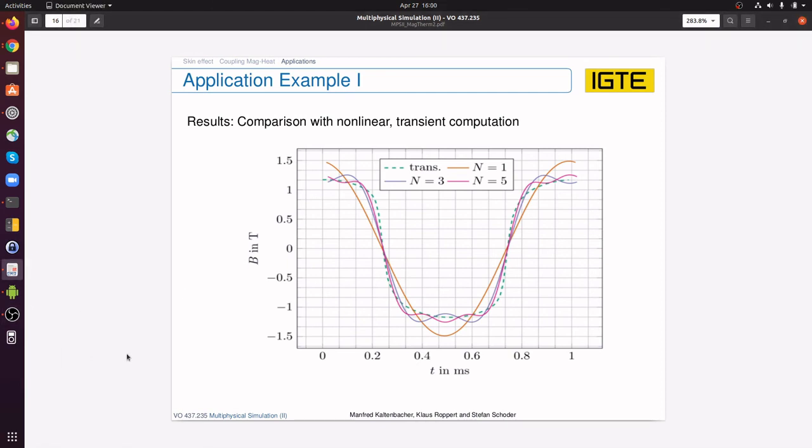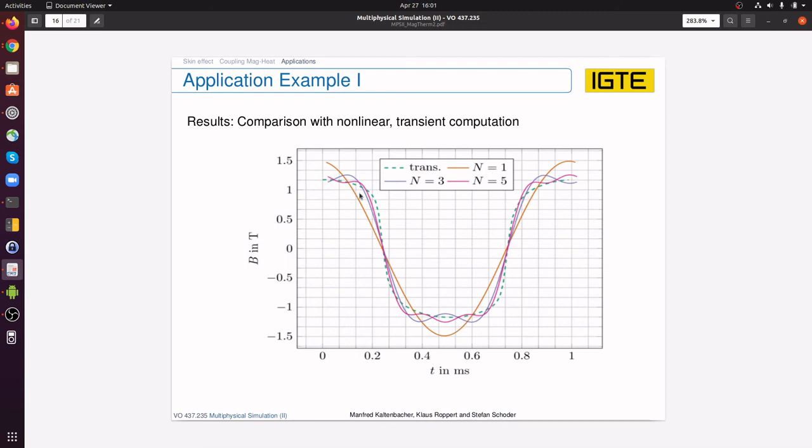Yep. Okay, so here you see the effect of the kind of wrong choice of the H curve, so the commutation curve. In this dashed green graph, this is the nonlinear transient solution, the reference solution that was obtained with a nonlinear transient time stepping scheme, and that's the curve we want to obtain with our multi-harmonic ansatz.